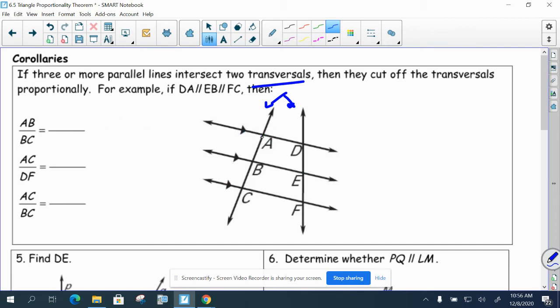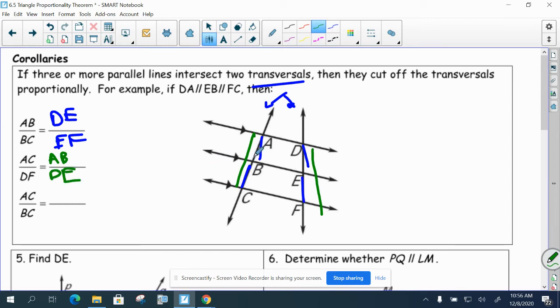So AB to BC is going to be proportional to DE to EF. AC to DF, so the whole thing to this whole thing, you could say would be AB to DE.